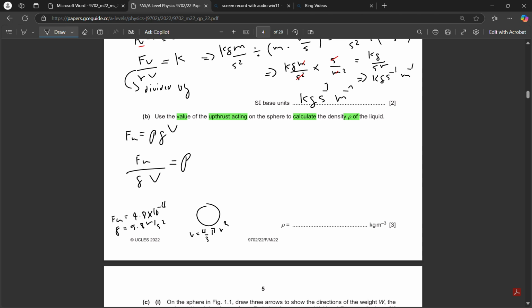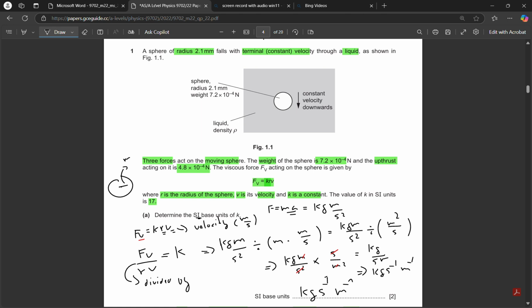So what's going to happen? Just calculate the volume first. 4/3 pi. Now be careful here. R is the radius, but we're not given the radius in terms of meters. Always work in SI units. It's always good practice to do that. That's what I always do anyways. We're given millimeters, and we know that milli has the prefix of 10 to the power negative 3, so it's actually just 2.1 times 10 to the power negative 3.